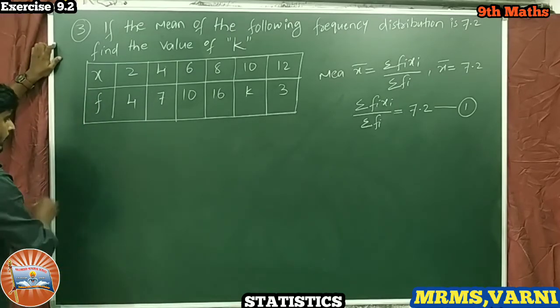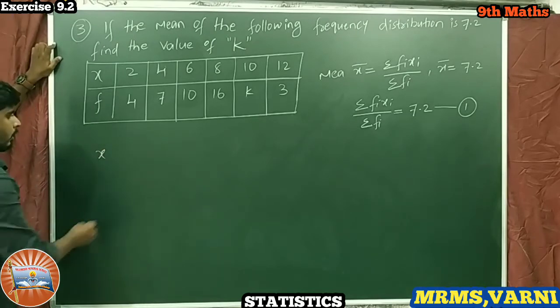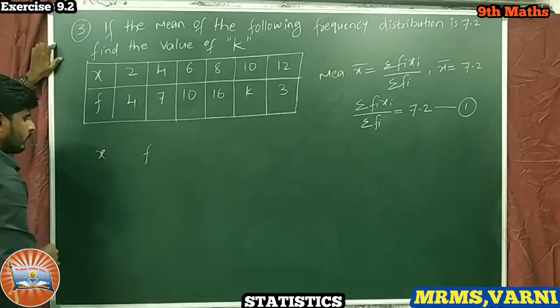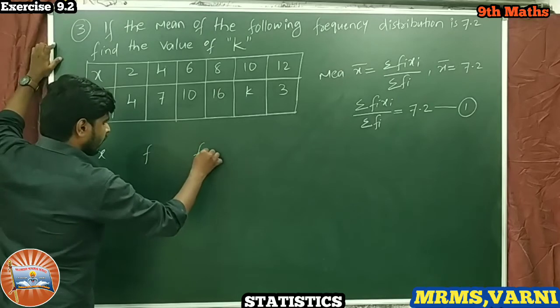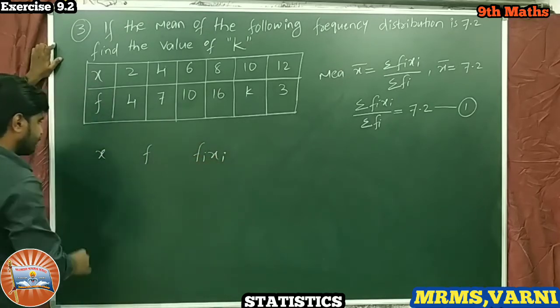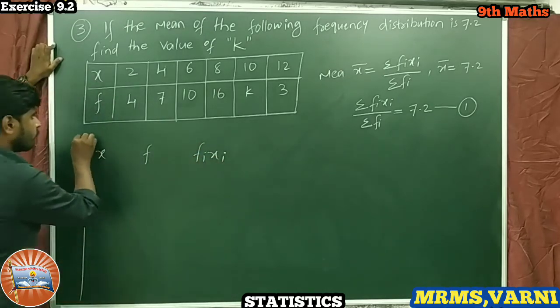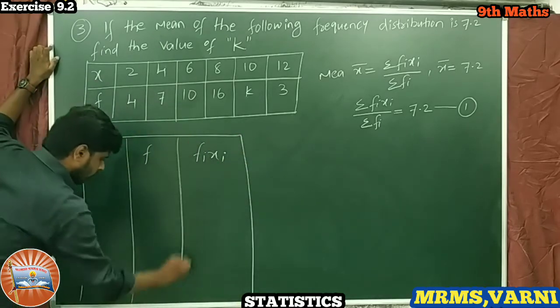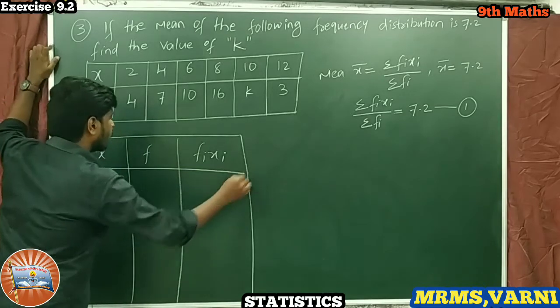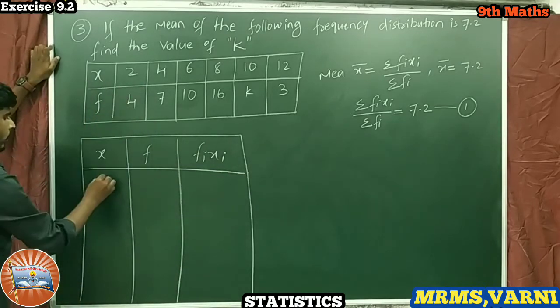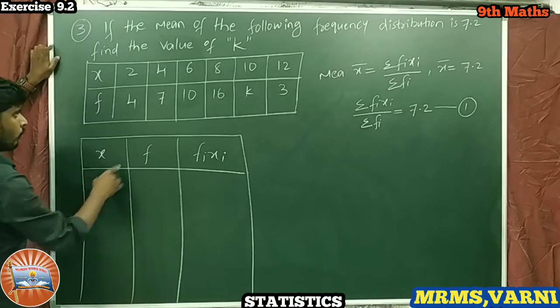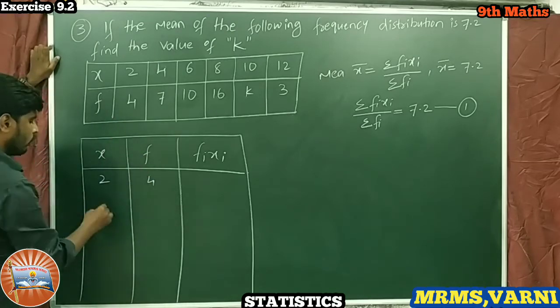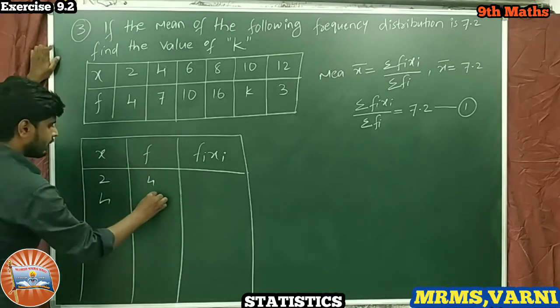So make a table first. X values here, f values here, and fi into xi. For x value 2, we have f value 4. For 4 it is 7.